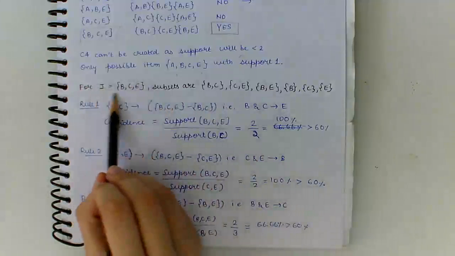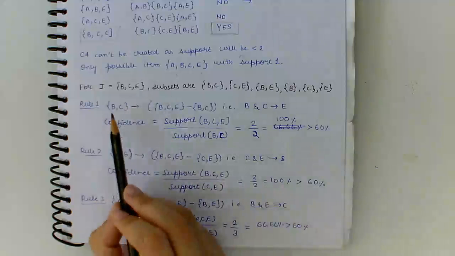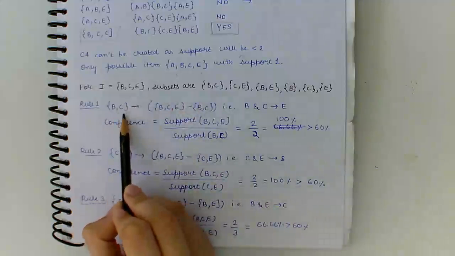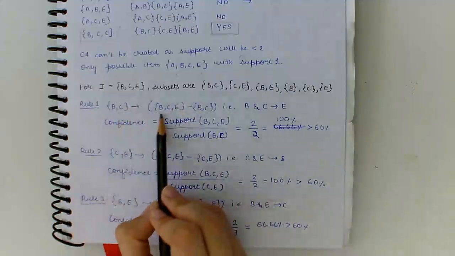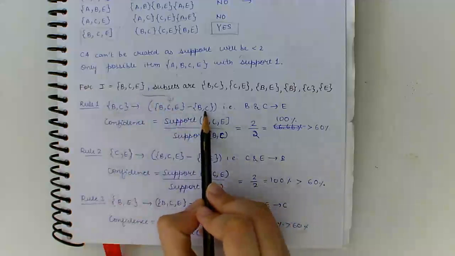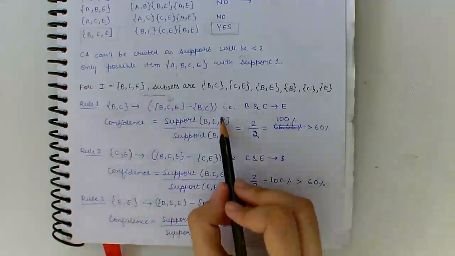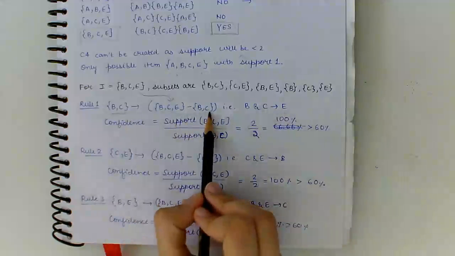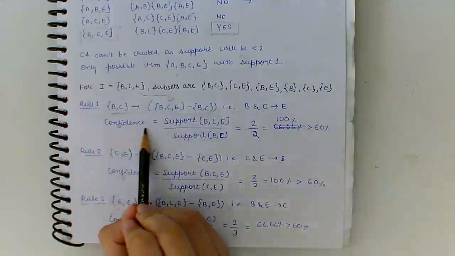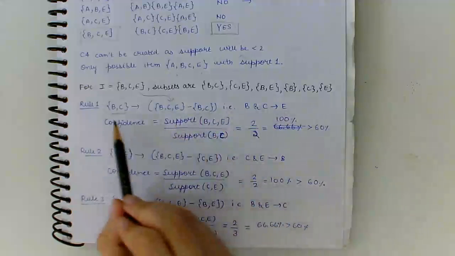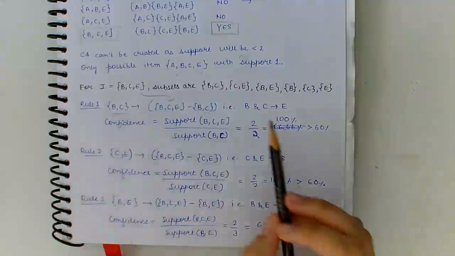We generate the subsets of all the items present in the item set BCE. The first subset is B comma C, and the rule formed is given by BCE, that is the total set, minus that particular subset, that is BC. This rule can also be written as B and C gives E. So the confidence is given by the support of BCE divided by support of BC.